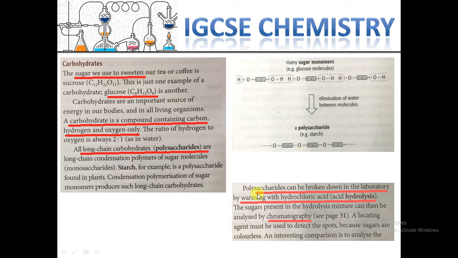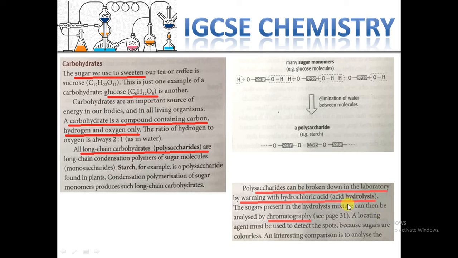Polysaccharides can be broken down in the laboratory by warming with hydrochloric acid, which is called acid hydrolysis. Also the same as the previous one, like protein, here we can use hydrochloric acid, but using a heater to warm up the reaction.